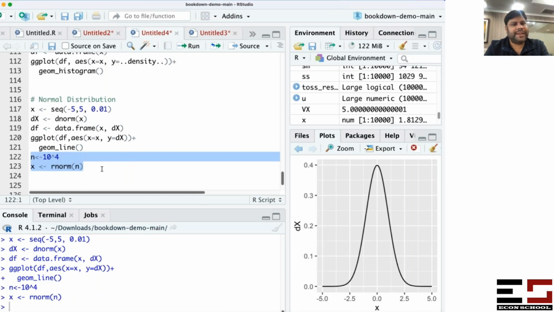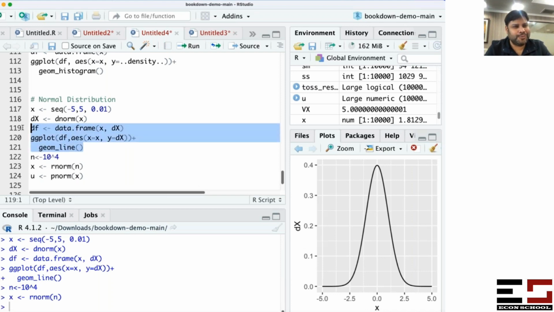The next thing that we're going to do is feed these values to the CDF of the normal distribution, and these should be 10,000 uniform 0, 1 draws. Okay, that should be the case. So u is pnorm(x). Now let's plot the histogram for u.